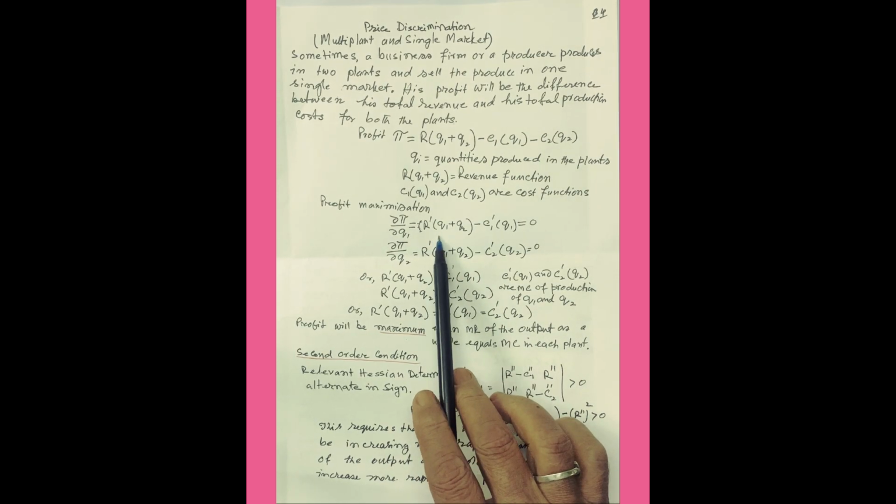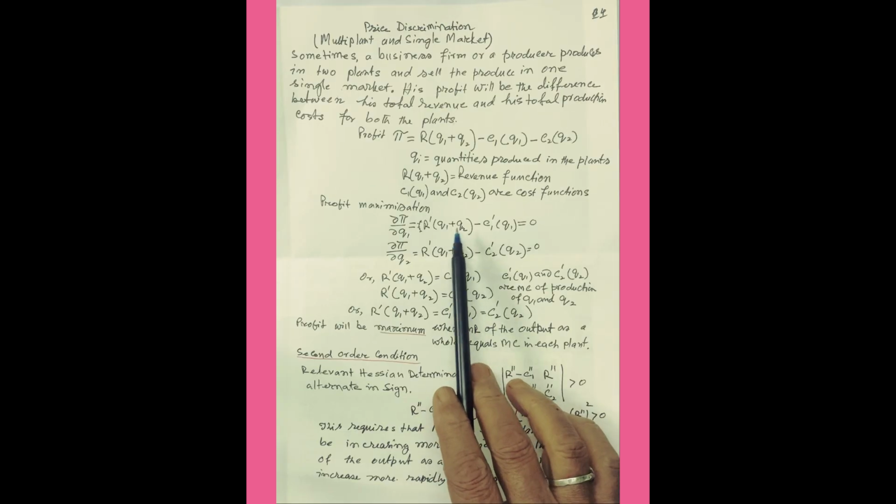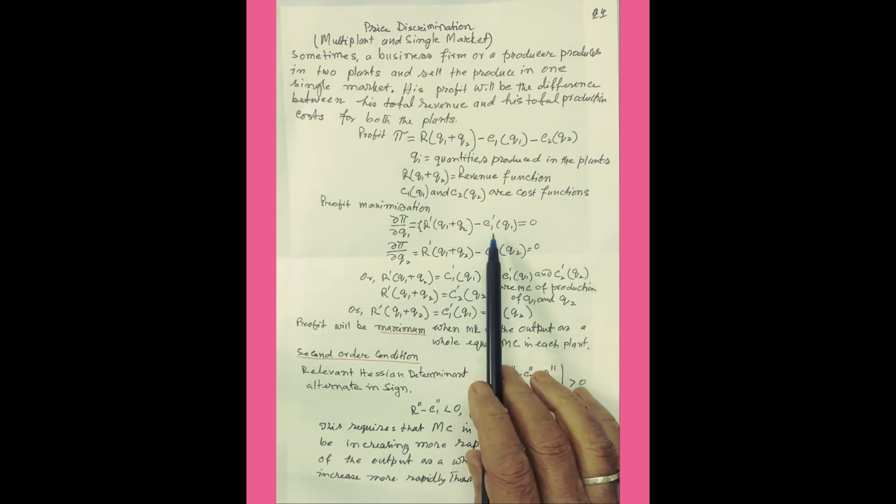Now what is profit maximization? The first order condition is delta pi by delta Q1 is equal to R prime (Q1 plus Q2) minus C1 prime (Q1) is equal to 0. Since the function is not specified, delta pi by delta Q1 is marginal revenue of producing Q1 and Q2 in two different markets minus marginal cost.